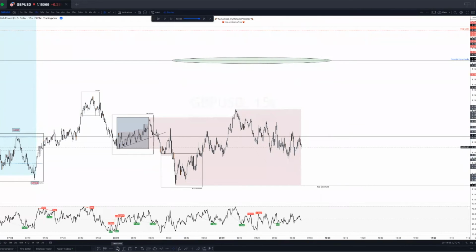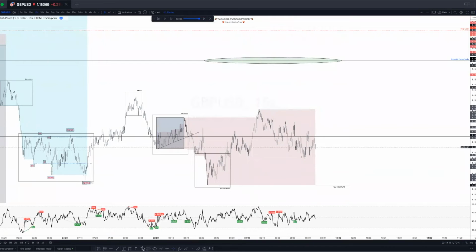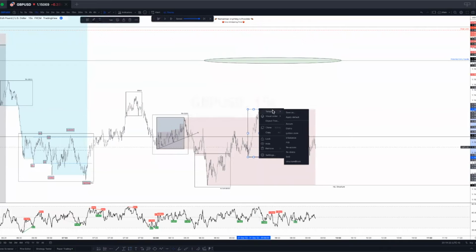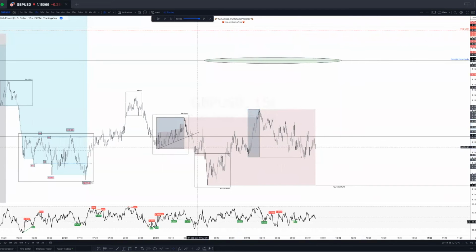What I can see and what I do care about is that this low that made this high was broken. That is important to me. And because that low that made that high was broken, this is my range.